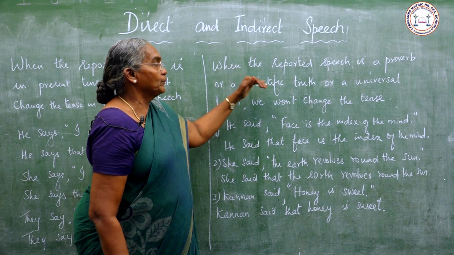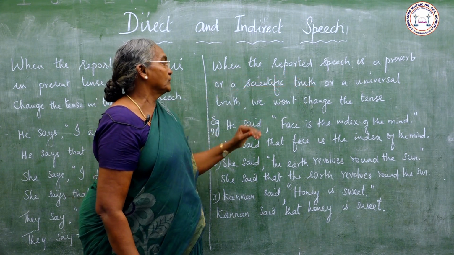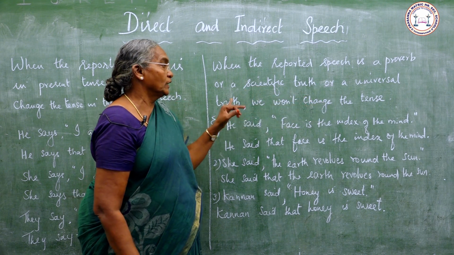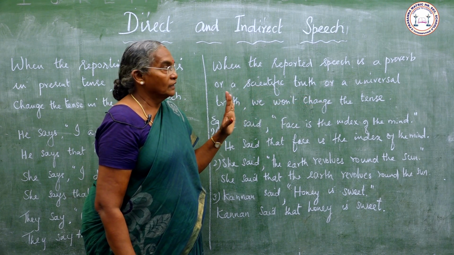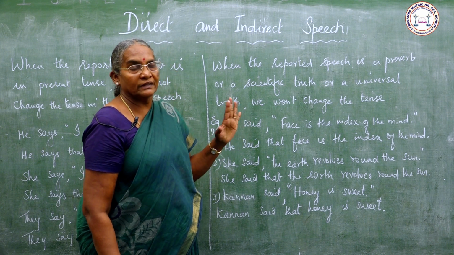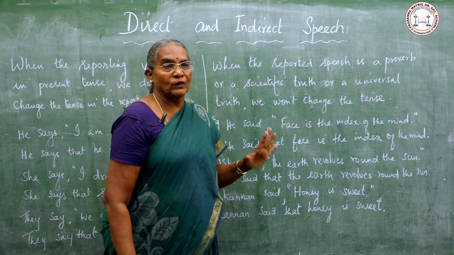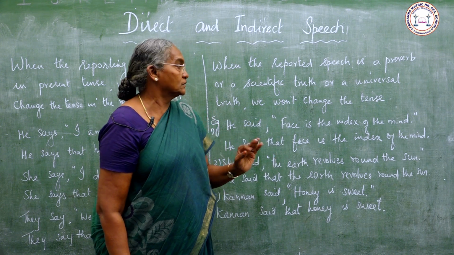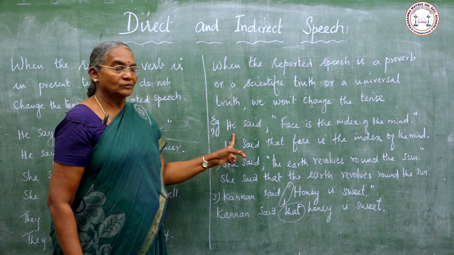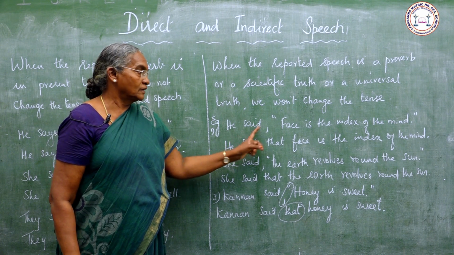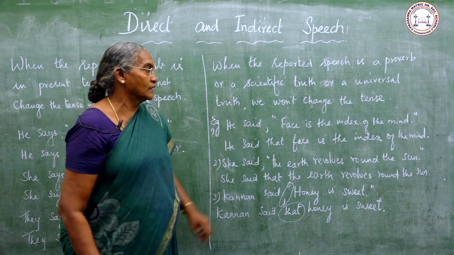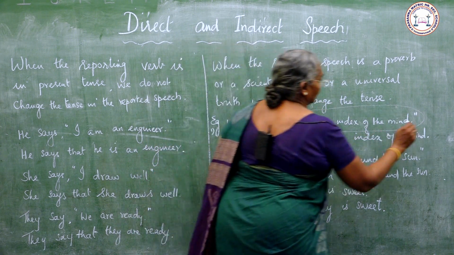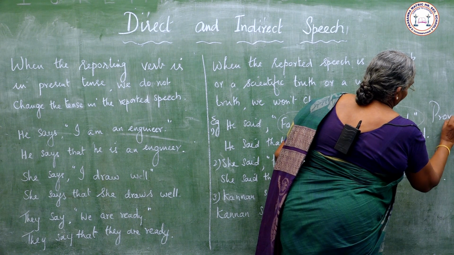Now, when the reported speech is a proverb or a scientific truth or a universal truth, we don't change the tense. See the example. He said, "Face is the index of mind." It is a proverb.